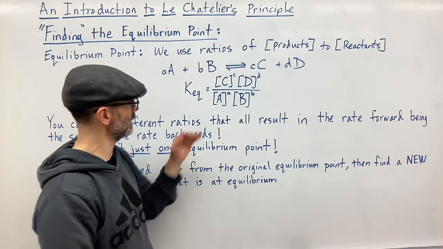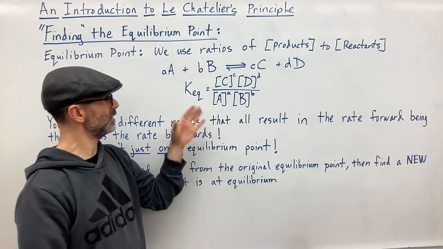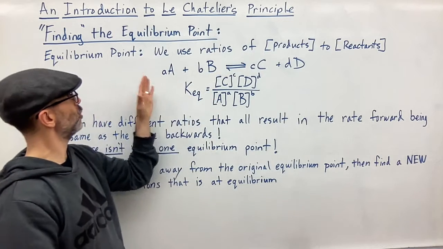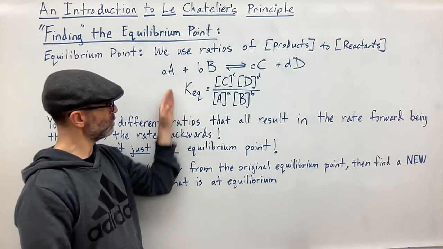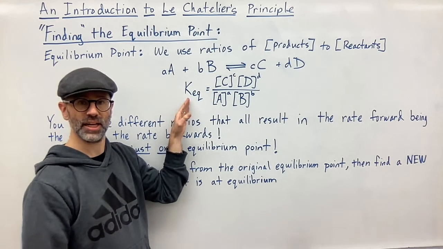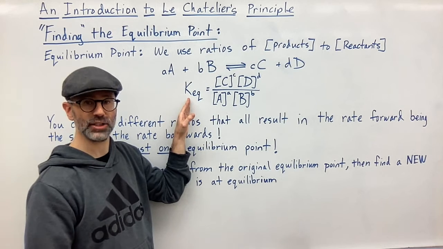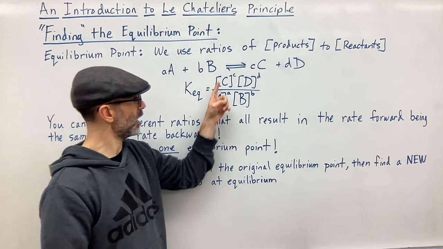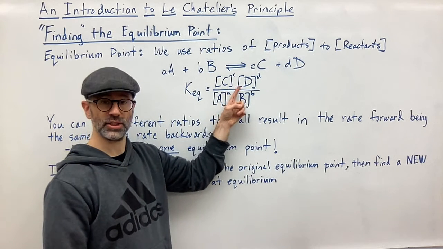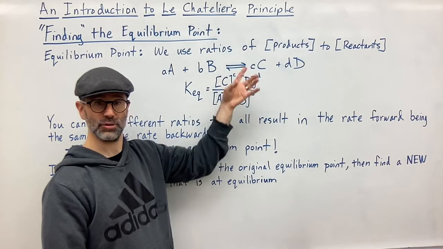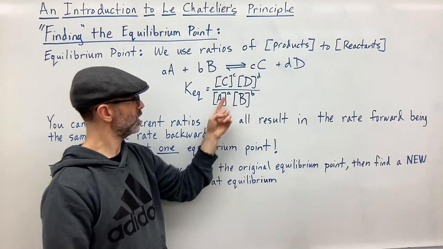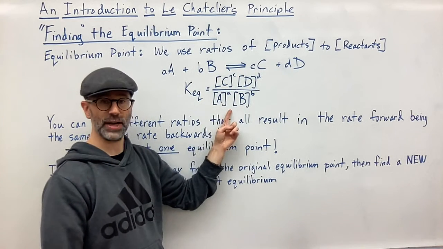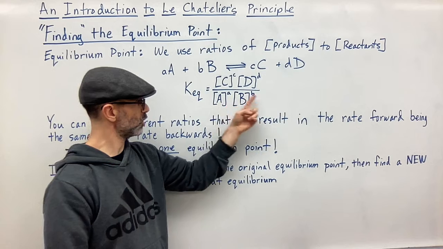And so, the basic thing I want you to understand is that this equilibrium point is represented by whatever the equilibrium constant for this reaction is, and that is determined by the concentrations of your products raised to their coefficients over the concentrations of reactants raised to their coefficients.